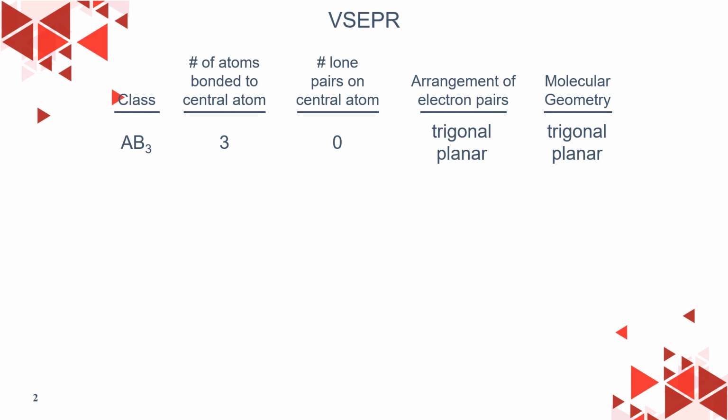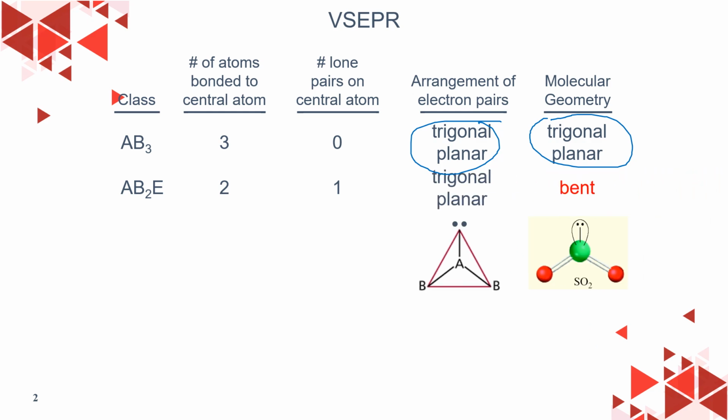Let's start with AB3, which is one central atom attached to three atoms without a lone pair. The basic molecular geometry is trigonal planar. What if one of them is a lone pair? As we have already learned, it will make them bent.